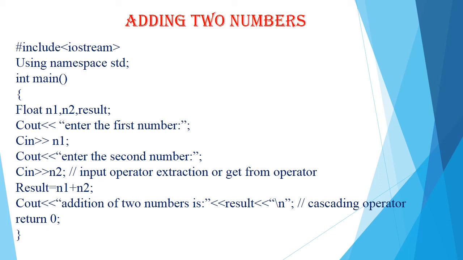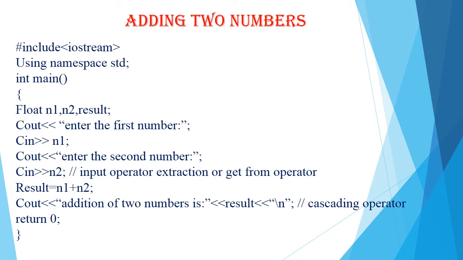Here cin with double greater than symbol is called the input operator, extraction or get from operator. And in the next line we are calculating the value in the result variable. Result is equal to n1 plus n2. And in the next statement we are displaying the result.